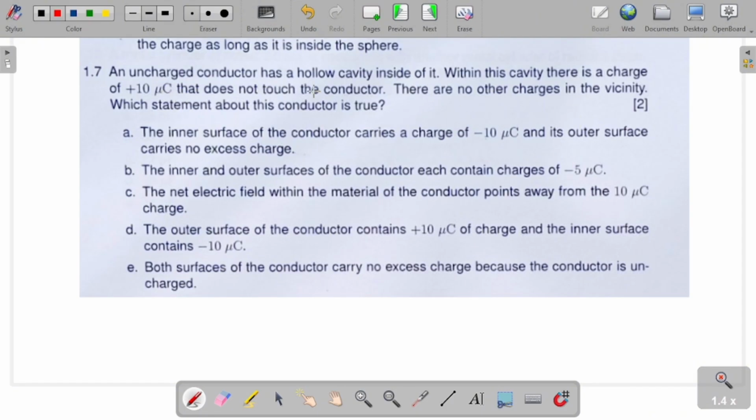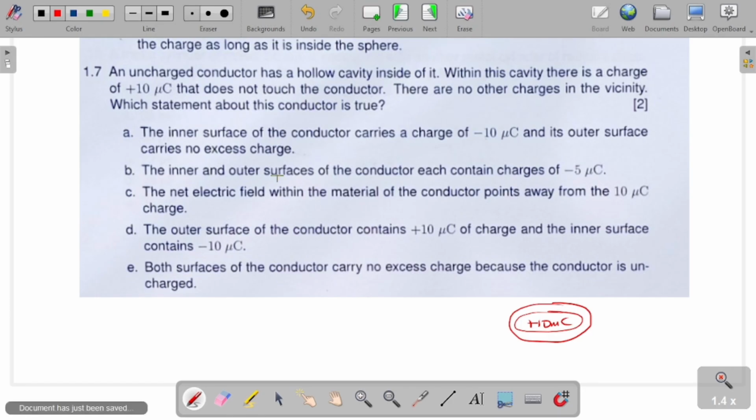An uncharged conductor has a hollow cavity inside. So it's a conductor, it has a space inside. It is uncharged. Within this cavity, there is a charge of 10 microcoulomb that does not touch the conductor. There are no other charges in the vicinity. Which statement about this conductor is true?